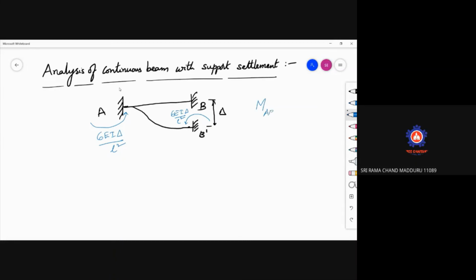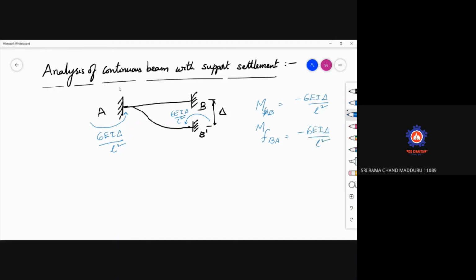So you can consider this as fixed end moments due to sinking of the support, which is minus 6 EI delta by L square. We have already done this in the slope deflection method. So this additional moment that is obtained due to support settlement is minus 6 EI delta by L square. So MFBA will also be minus 6 EI delta by L square.